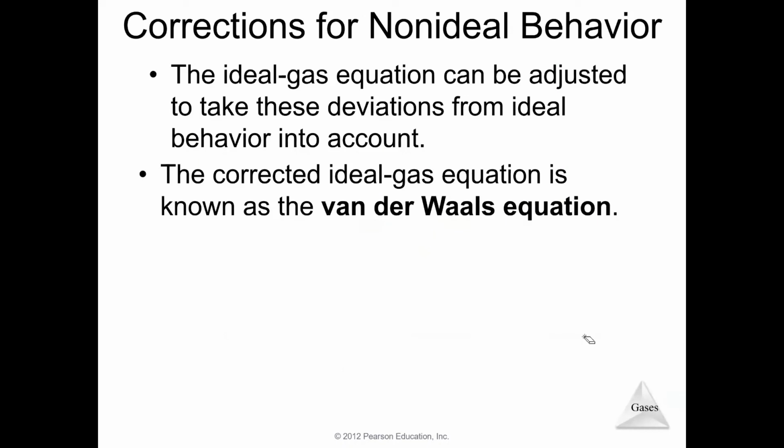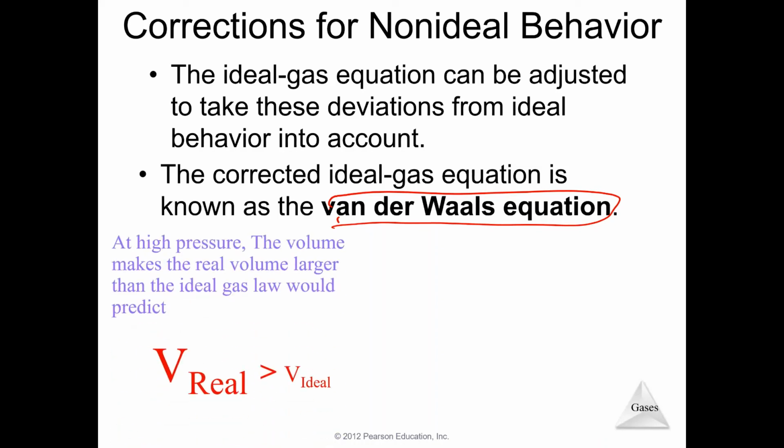Now, if we are taking into account the gas size, we need to look at what we call the van der Waals equation. This van der Waals equation is the information that corrects the ideal behavior to give real gases.